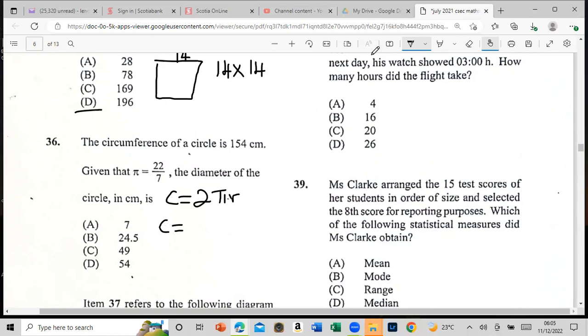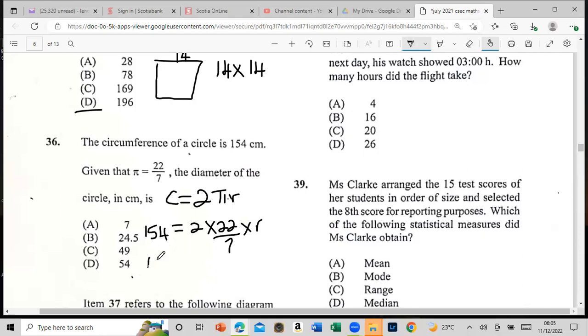Circumference. So the circumference was 154, that was given. Let's take pi as 22/7. So it's 2 times 22/7. Let's find the radius first.